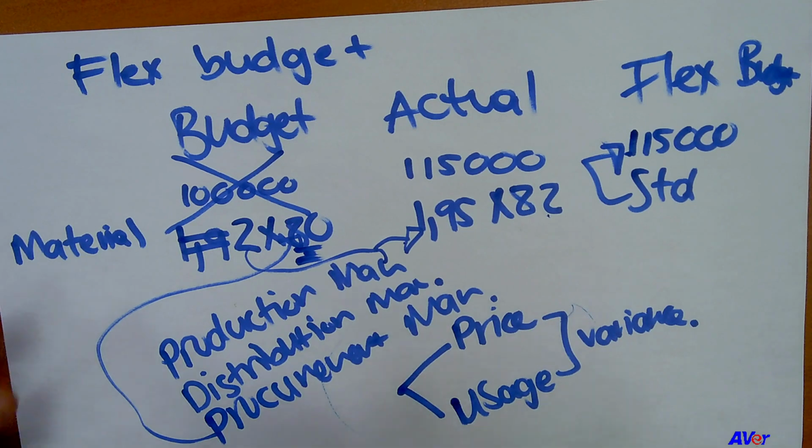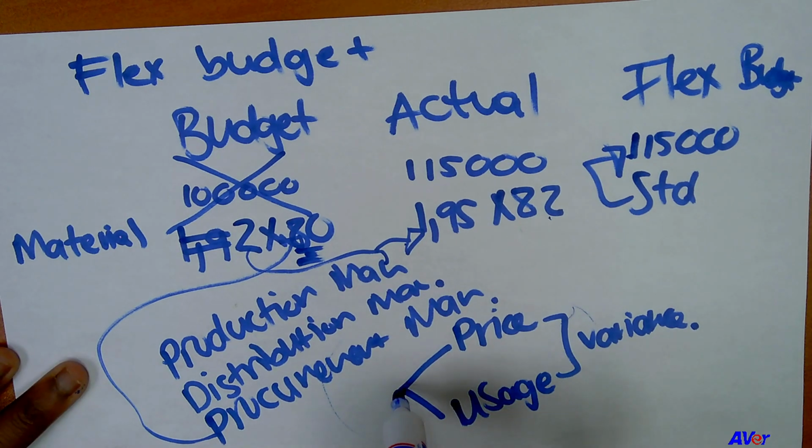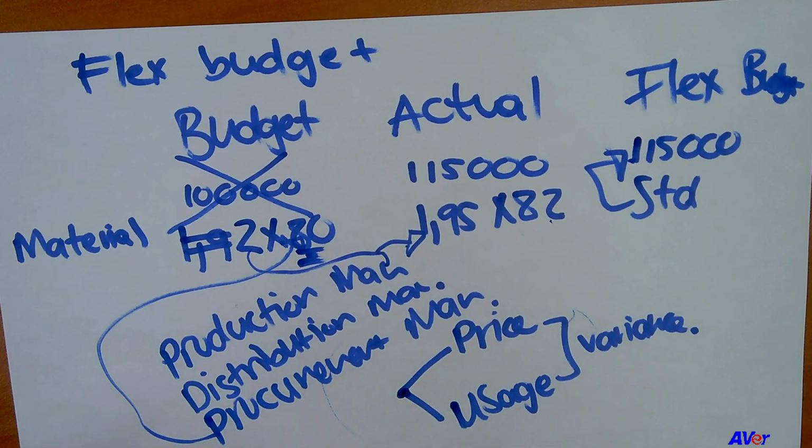So what we're saying is that we are leaving the total budgeted figure. We're coming back and we're saying we still want to remain with these two problems so we can solve them. We still want to remain with the price and the usage variance so that we can go to the respective parties that are responsible for them, and then we can get more meaningful information from them with regards to why they've overspent or why they haven't spent their budget if it's a favorable variance.